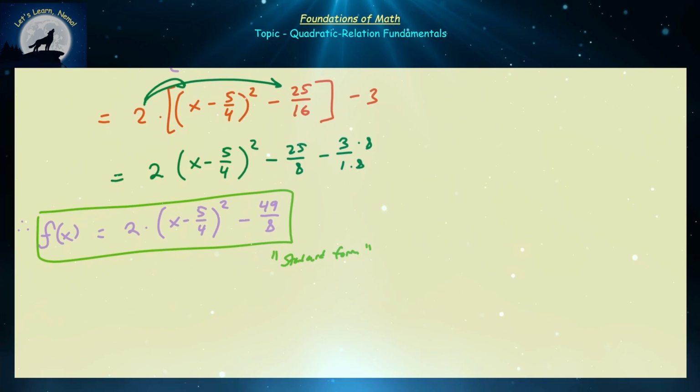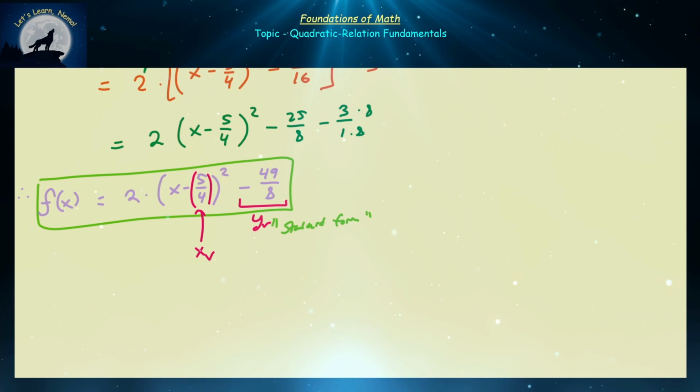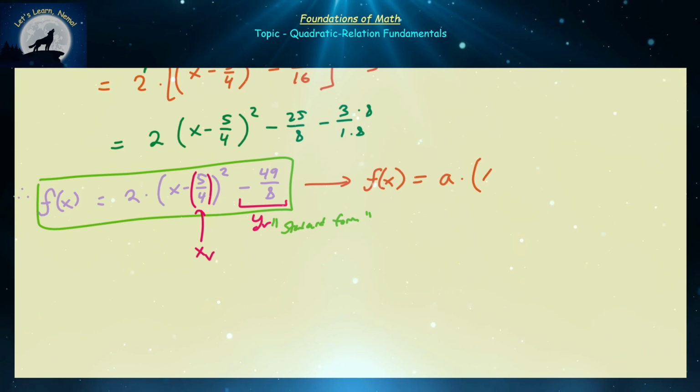Now, is there anything special about this that you see? You should notice that 5/4 is the x-coordinate of our vertex, and this object here is the y-coordinate of our vertex. So the standard form of a parabola is a times (x minus h) squared plus k.